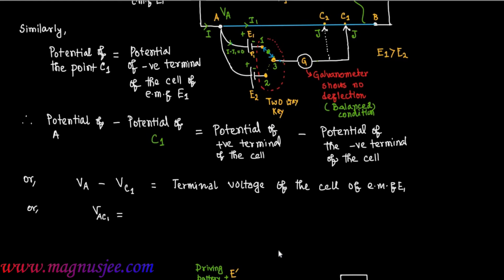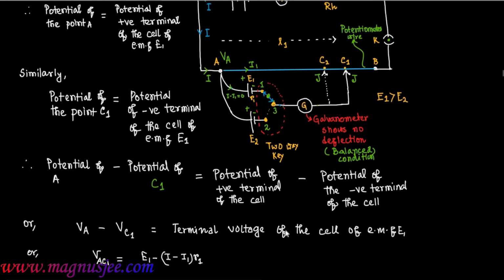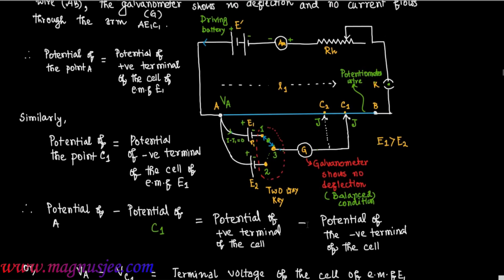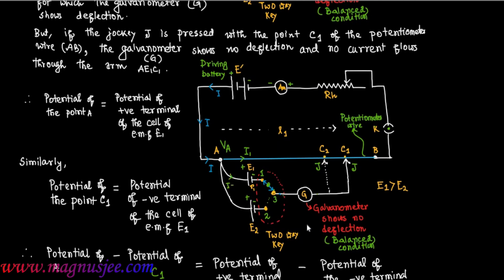Or VAC1 is equal to the terminal voltage of the cell E1, which is E1 minus (I minus I1) into R1, where I1 is the current flowing through the portion AC1 and I minus I1 is the current flowing through the cell of EMF E1, the current flowing through the arm AE1C1.